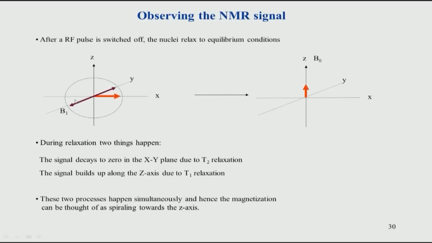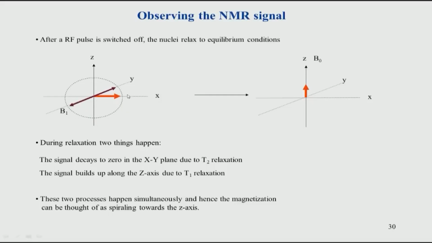Relaxation is basically a phenomenon in which the magnetization vector returns to its original situation where it is pointing along the z axis, and this happens only when you remove the B1, because as long as the B1 is present, the magnetization keeps on rotating in the zx plane.